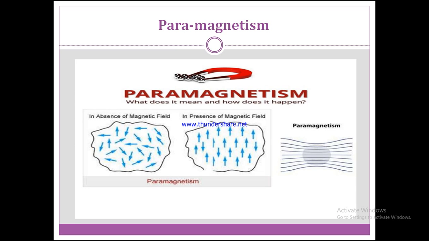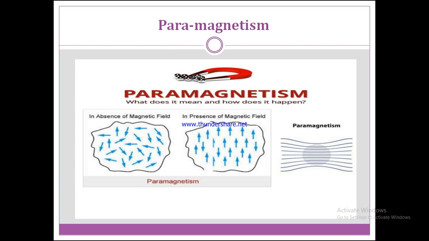But when an external field is applied, the dipoles line up with the field, resulting in positive magnetization, which is the paramagnetism concept.